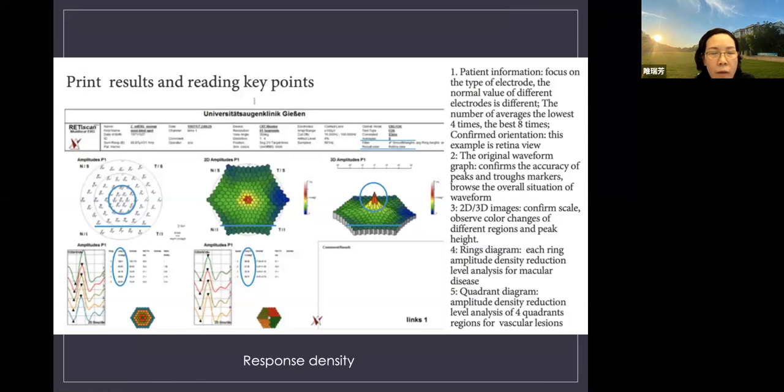For example, this one, we print out three data forms. One is the traces, and this is the 2-dimensional, and this the 3-dimensional response density. The response density looks fancy, but the traces are the key. If we do not print out the traces, we'll sometimes miss something.